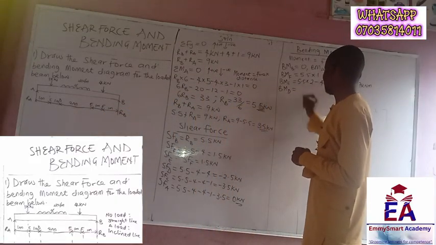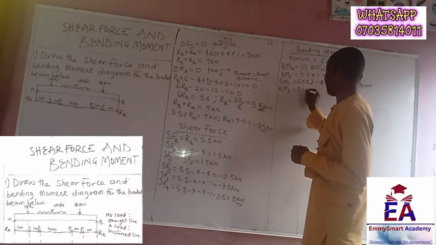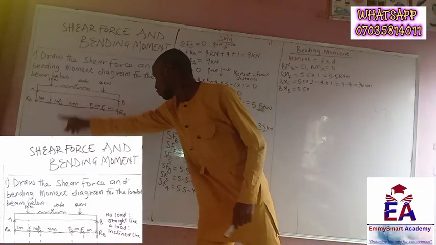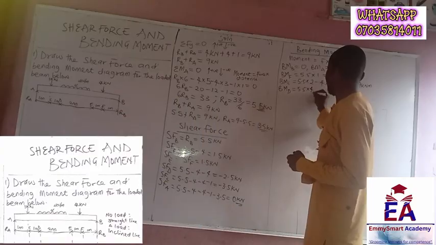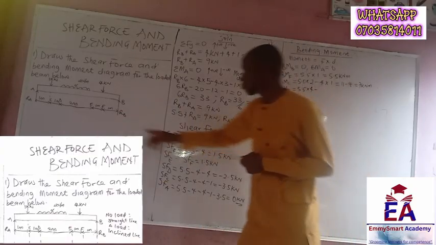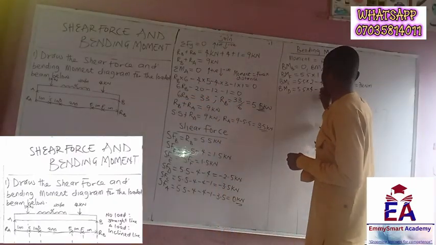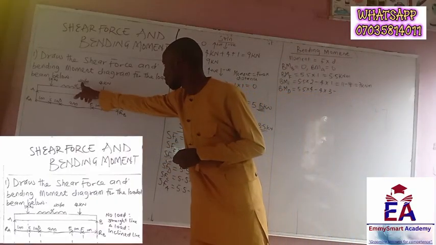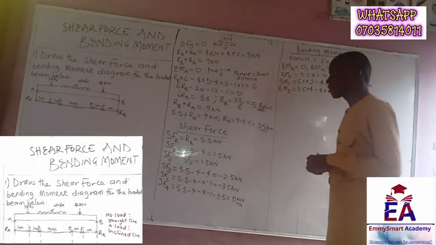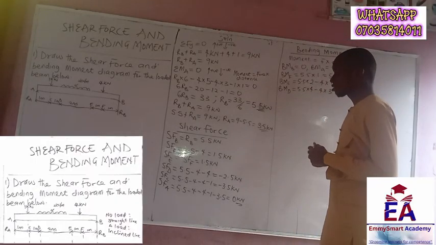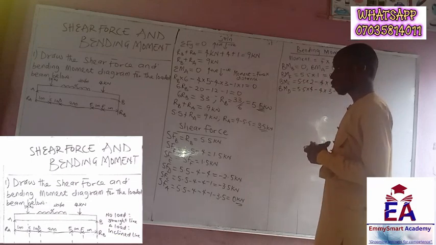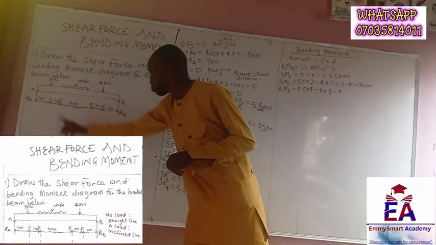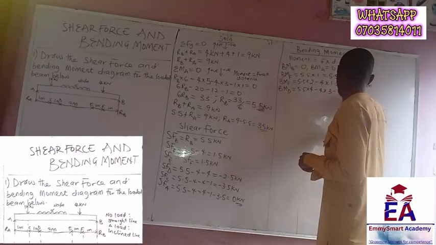Bending moment at point D will be 5.5 times the distance from here to here, which is 4, minus 4 times 3 meter, minus, you change this to a point load, so you have 4, that is 2 times 2, which gives us 4, and it acts at the center of this, so from there to there it was 1, 4 times 1.